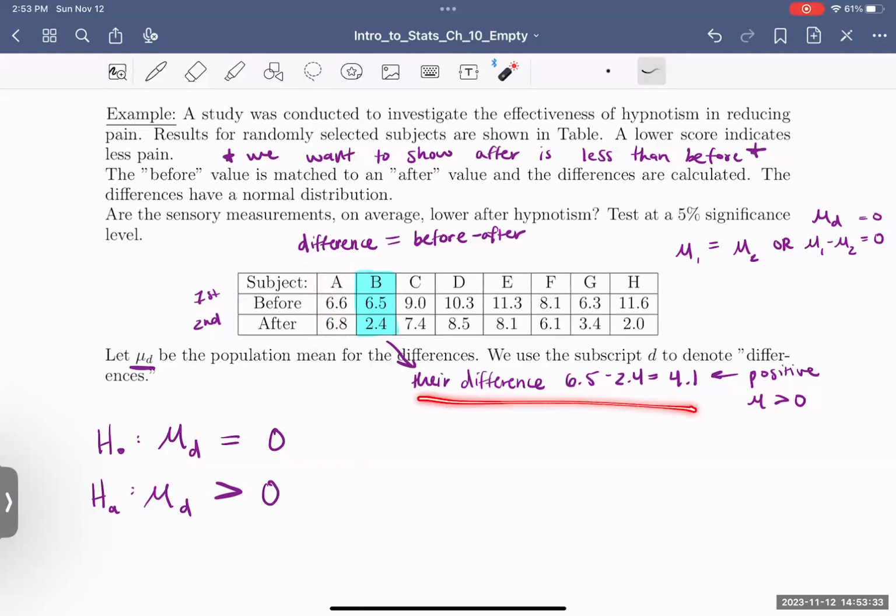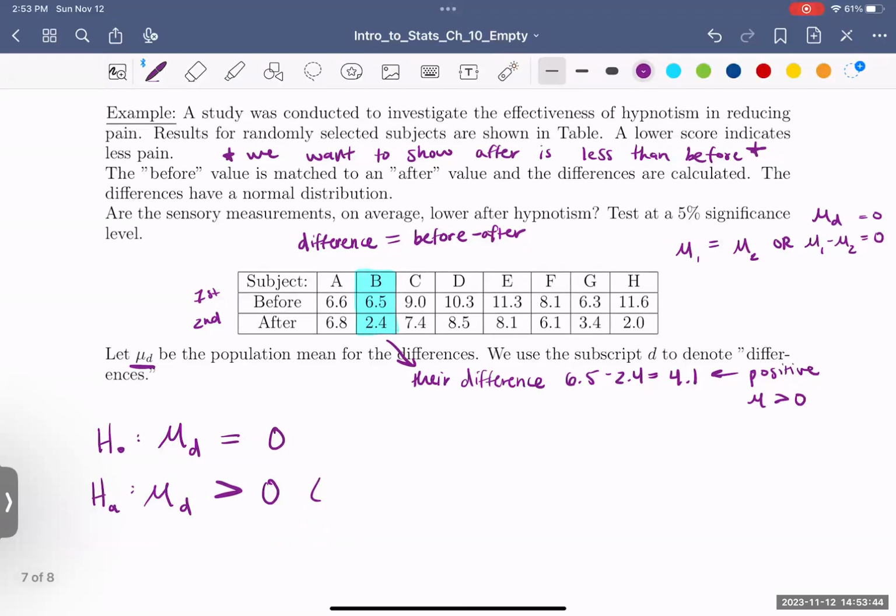This is just a little side technique to help you figure out if we're trying to show for our alternative that mu sub d is greater than 0 or less than 0. Here, this means that we have less pain after. Here, this was the same pain before and after.